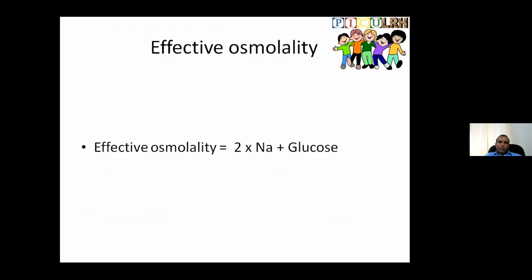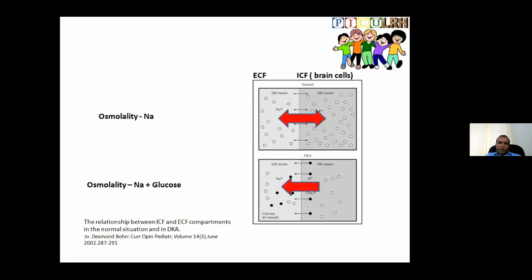Before thinking about the management of DKA, this concept is very important: effective osmolarity. Effective osmolarity is 2 times sodium plus glucose. If you think about the normal condition, this was taken from an article by Dr. Desmond Bohn, a world authority on DKA.